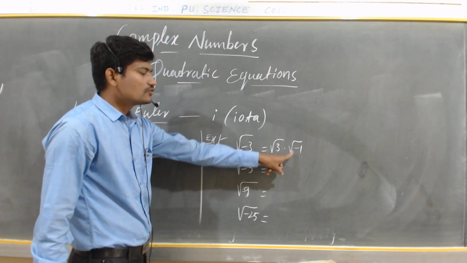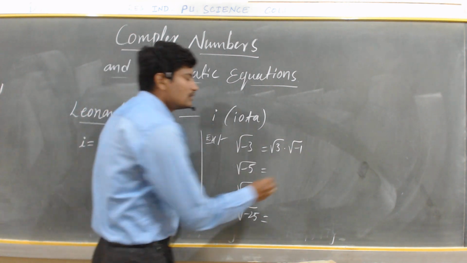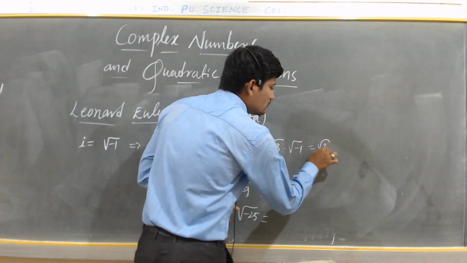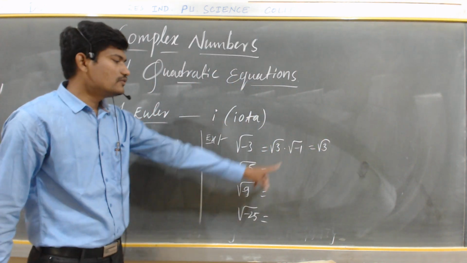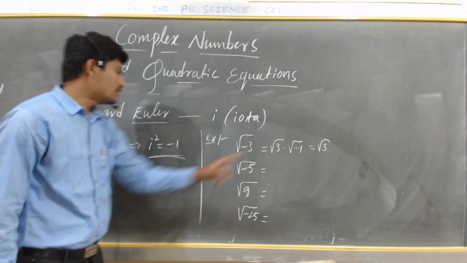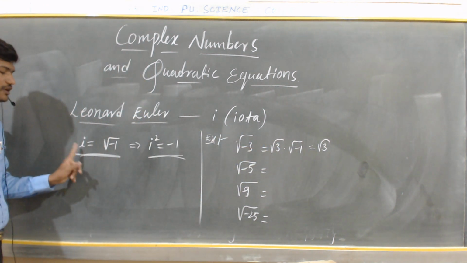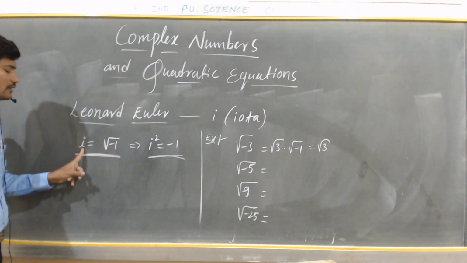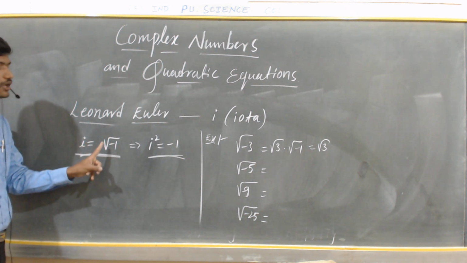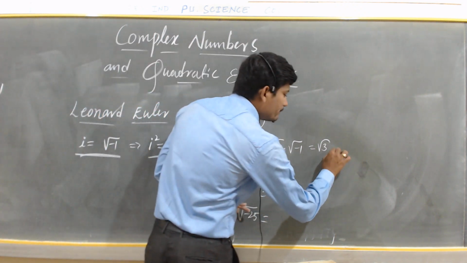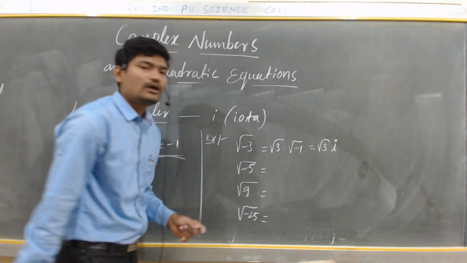Square root of 3 I will write as it is. Square root of minus 1 is nothing but the imaginary number, iota, i. So we can write directly root 3 i.